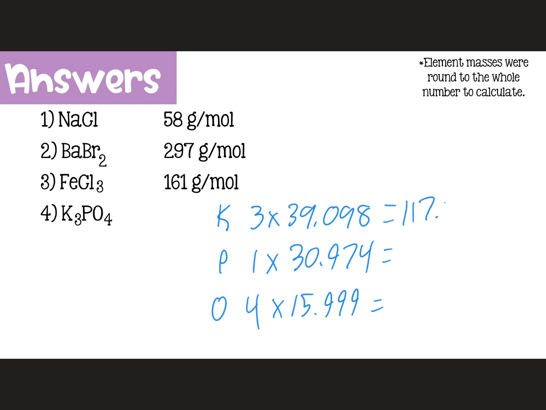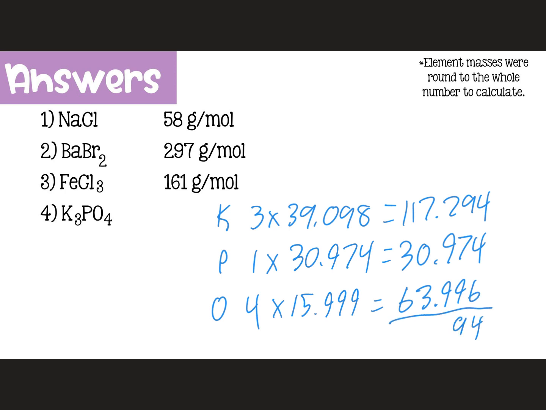Multiplying each row, we get a total mass of potassium of 117.294, a total mass of phosphorus of 30.974, and a total mass for oxygen of 63.996. This means that the molar mass of potassium phosphate is 214.694 grams per mole. However, using whole numbers, we would only get 212 grams per mole.